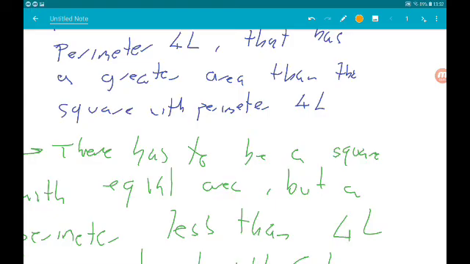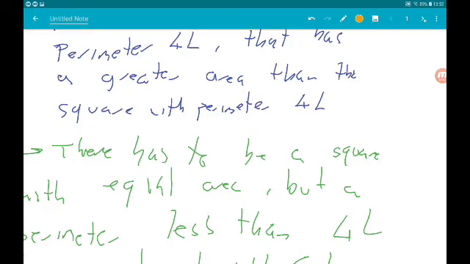So let's think about what we're saying at this point. We are saying there is a square with the same area as this rectangle but a perimeter less than 4L. So same area, smaller perimeter.